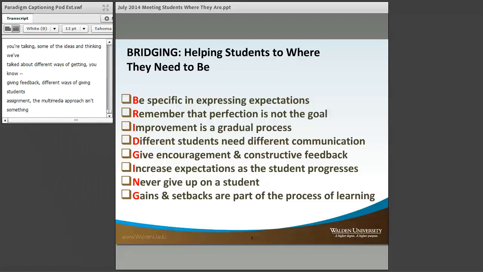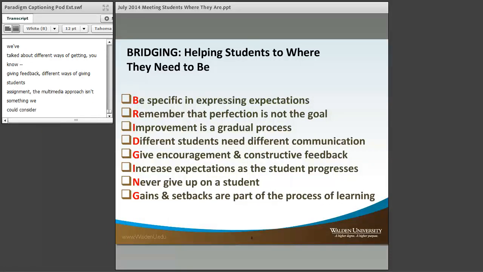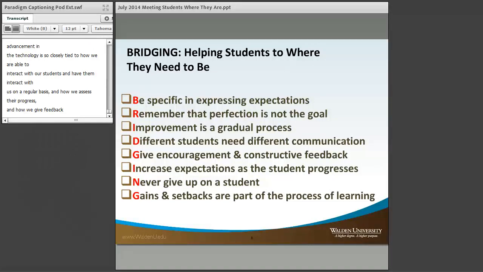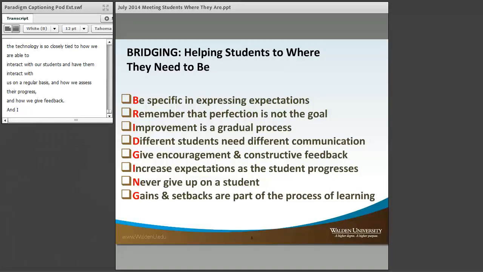So the advancement in the technology is so closely tied to how we are able to interact with our students and have them interact with us on a regular basis, and how we assess their progress and how we give feedback. And I just wanted to state that explicitly, because I think it really affects how we take this concept and move forward.